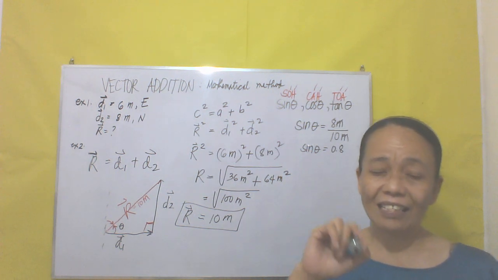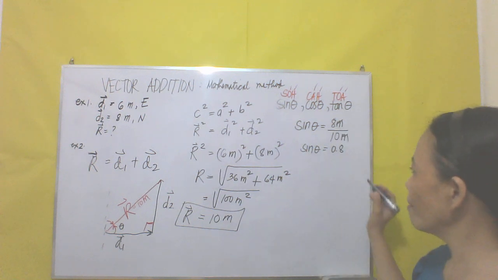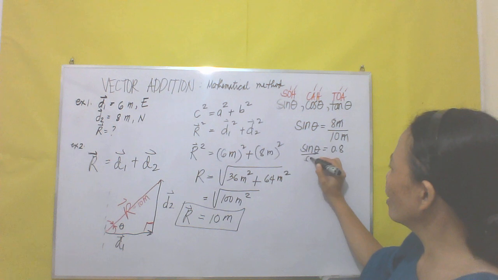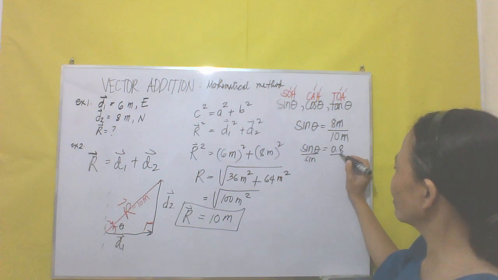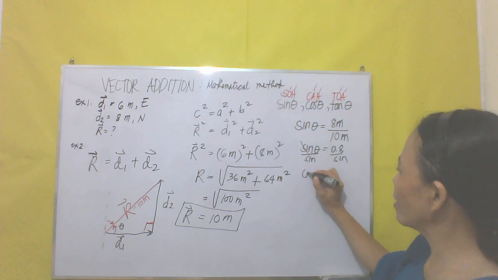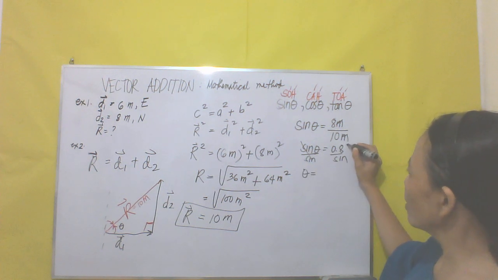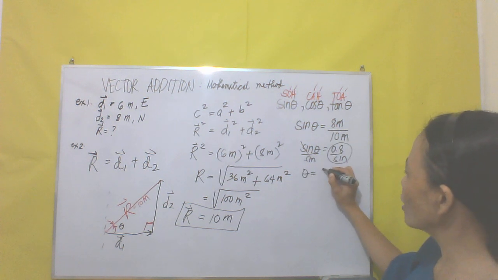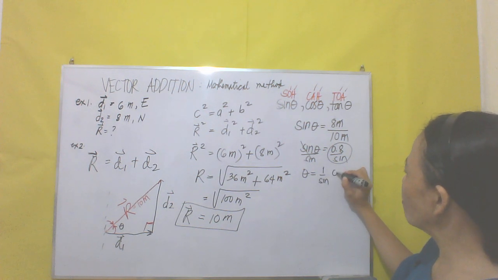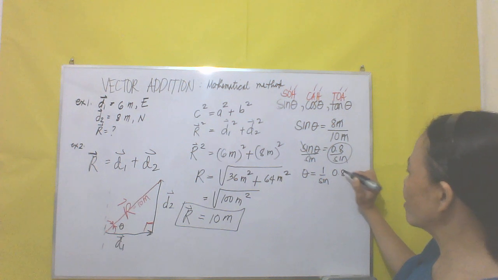Next, to solve for theta, divide both sides by the sine function. So theta is equal to 1 over sine multiplied by 0.8.